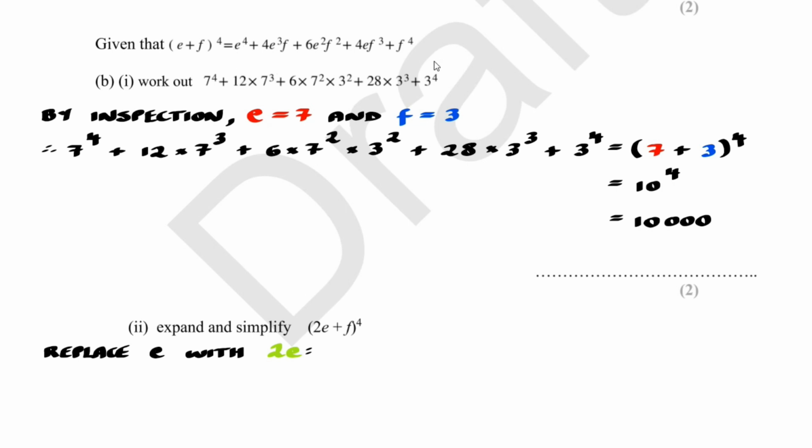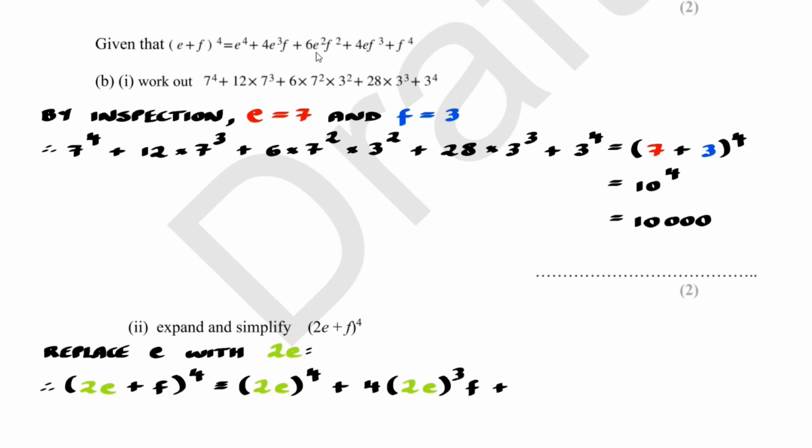So, using the expansion, we have 2e plus f to the 4, that's equivalent to, well here instead of us having e to the 4, we would have a 2e to the 4. Instead of us having 4e cubed f, we would have 4 multiplied by 2e cubed f. Instead of us having 6e squared f squared, we would have instead 6 multiplied by 2e squared multiplied by f squared.